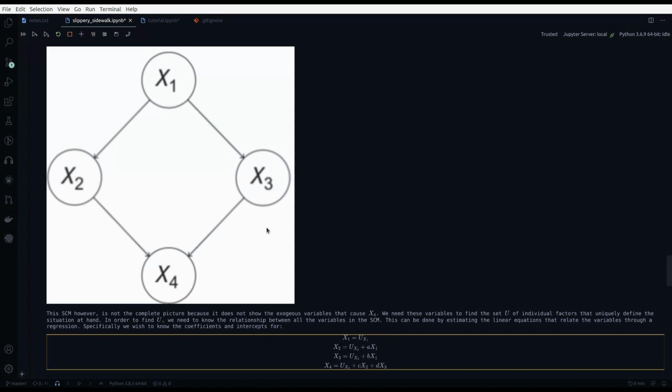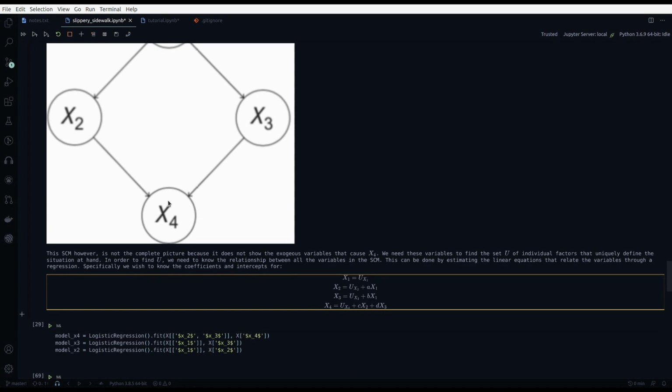And those are things that I cannot account for, but that are still causes for this variable. So, for instance, maybe the sidewalk is wet because somebody spilled water or something that I cannot account for, and I'm just going to use u as a variable to hold all these things that I cannot account for.